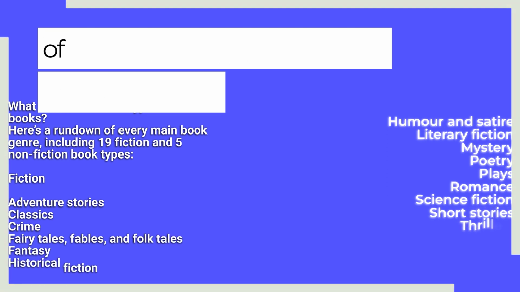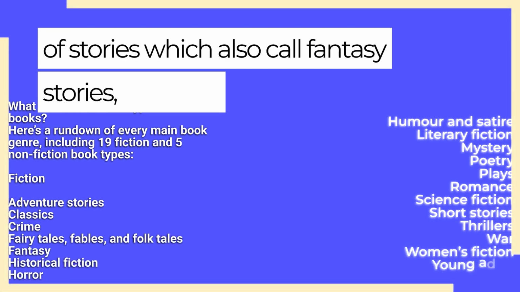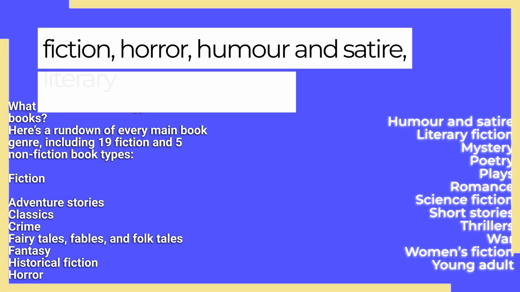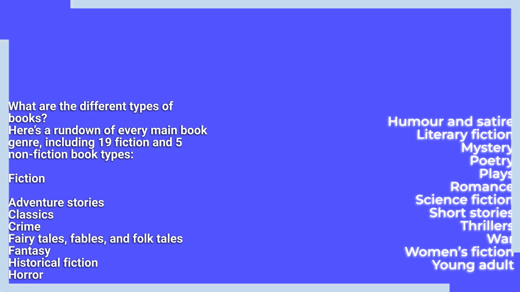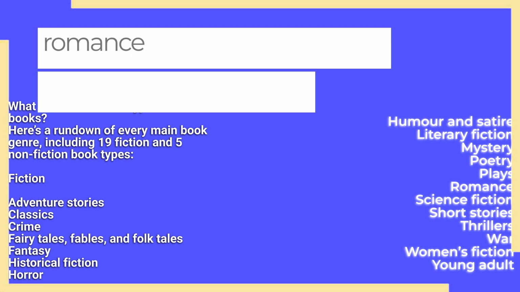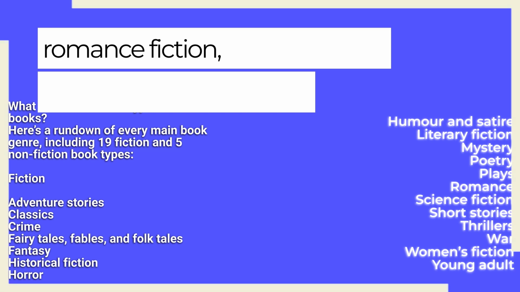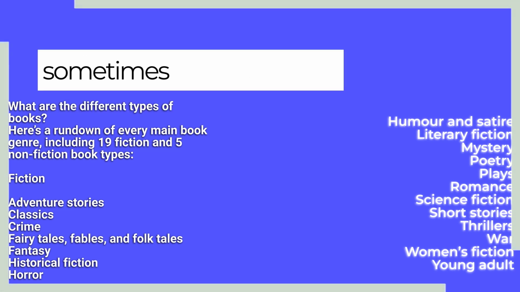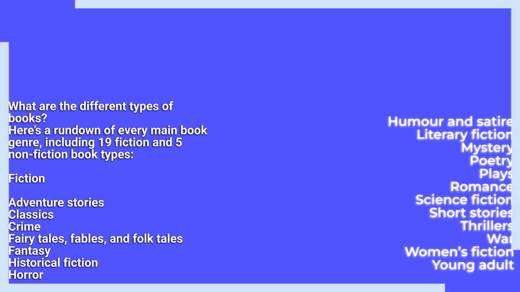There are different types of stories which are also called fantasy stories, historical fiction, horror, humor and satire, literary fiction, mystery, romance fiction, science fiction, thrillers, war stories, and sometimes you have plays.